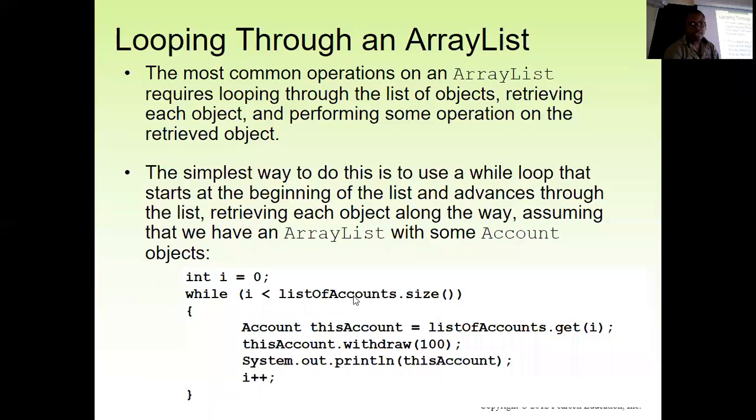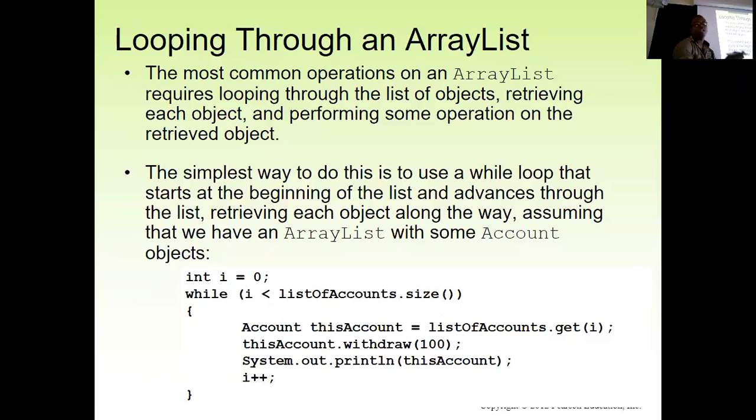Now, there is a method that we can call to tell us how many items are in list of account. Notice it is telling us how many items, not the number of indexes. There's a difference.